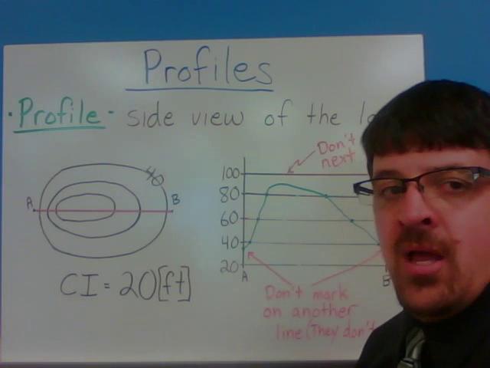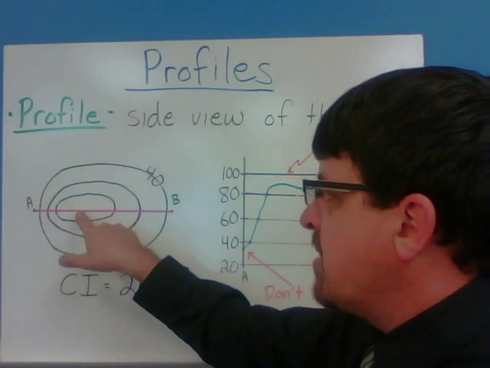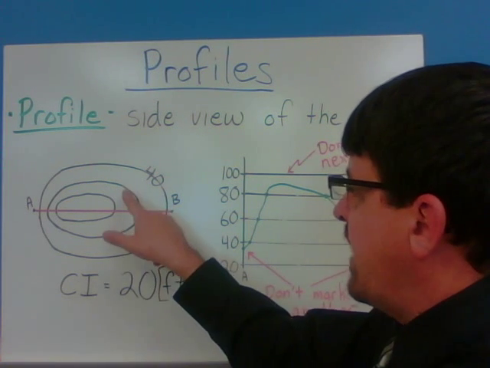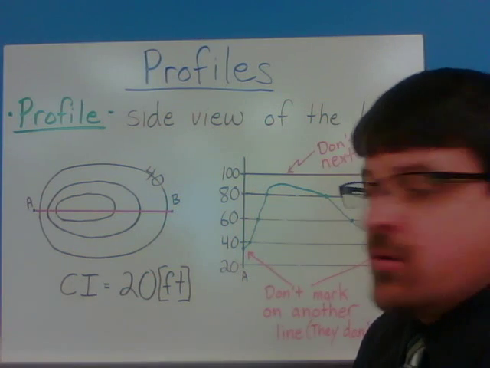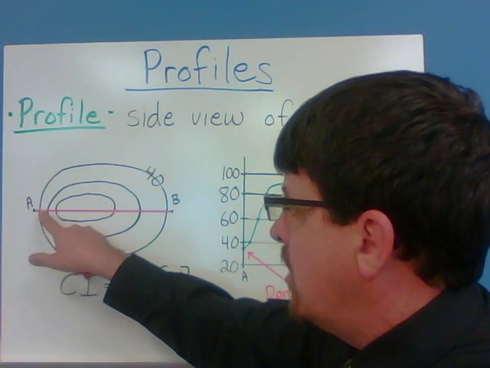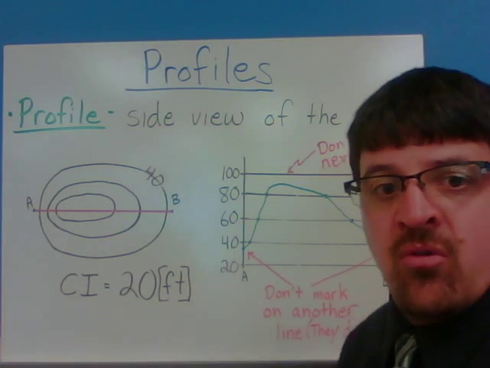If there's not another line, it can't be that next elevation. But let me ask you, would the peak of this hill be 80? No. If that's 60 and that's 80, the 80 line would go through the peak of the hill. Okay, where's the peak? I don't exactly know. I would guess that if it's getting up right here, it'd be somewhere in this ballpark here. But I don't know for sure.